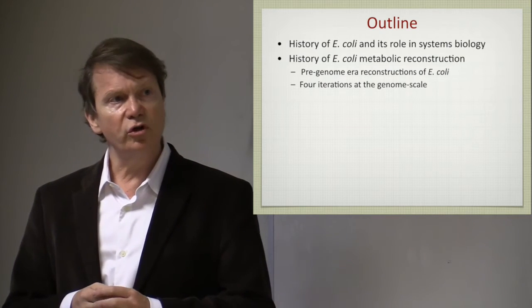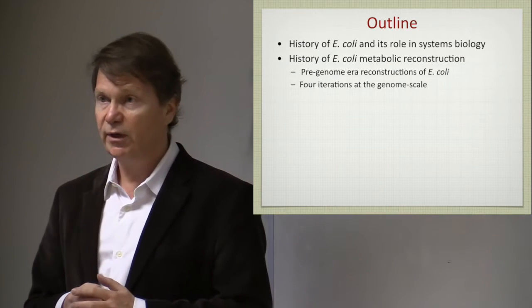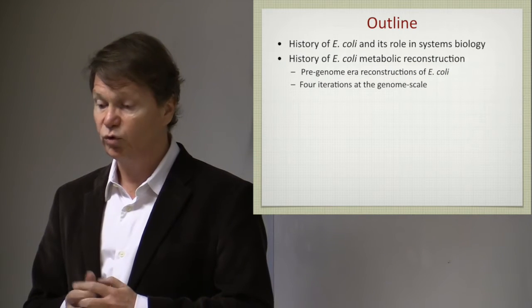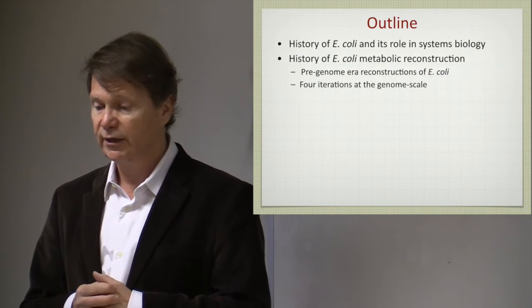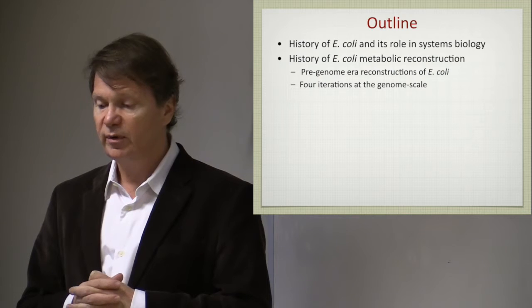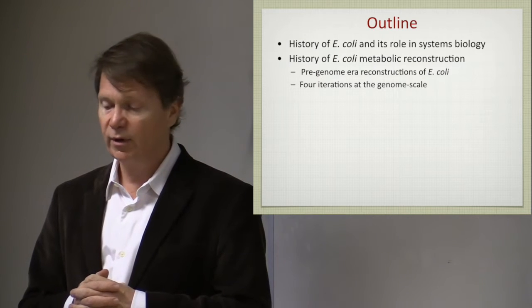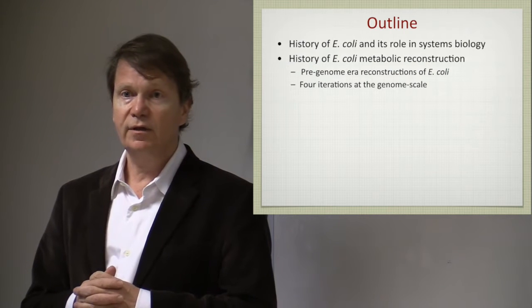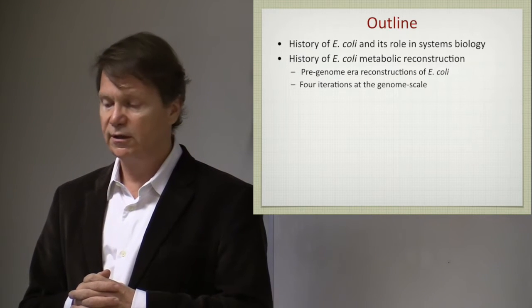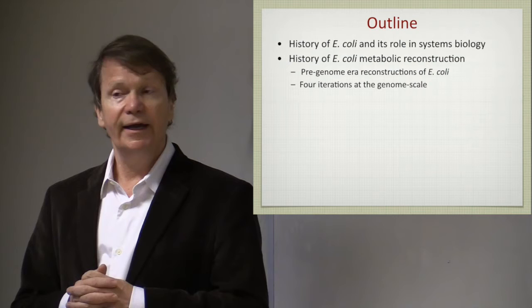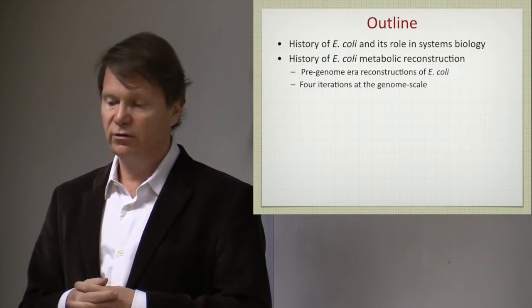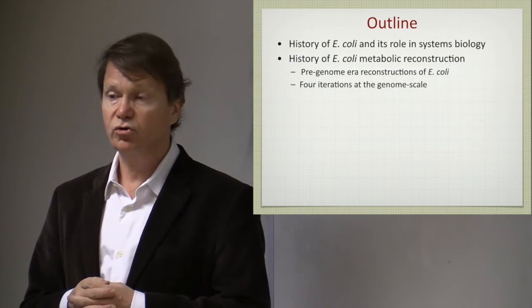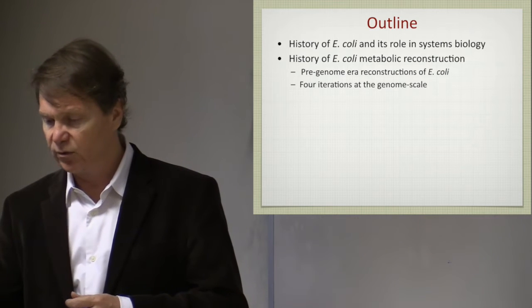So the reconstruction of E. coli metabolism has been under development for 2.5 decades, like mentioned, and started before we had the genome sequence, which came out in 1997. And as I mentioned last time, the reconstruction process is iterative, and there have been 4 major iterations of this reconstruction since the sequence came out.